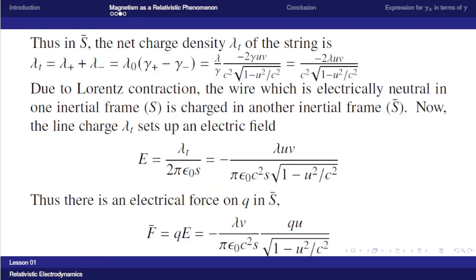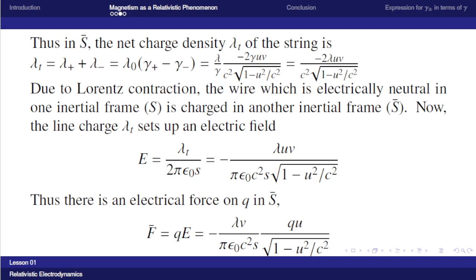And in this second frame S bar, the conductor is negatively charged, because the negative charges are more close together than the positive charges. So the net linear charge density of the string in the second frame is lambda t equal to lambda plus plus lambda minus, where lambda plus is gamma plus lambda 0 and lambda minus is minus gamma minus lambda 0.